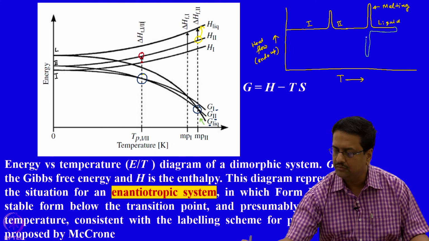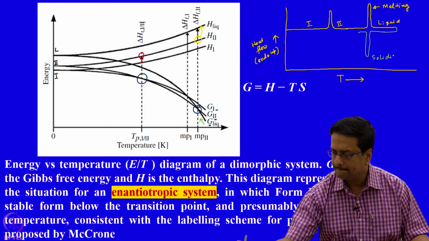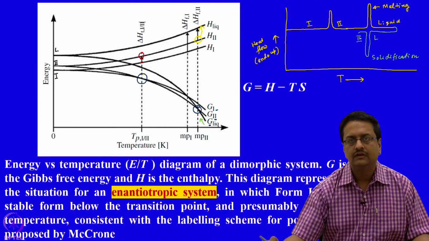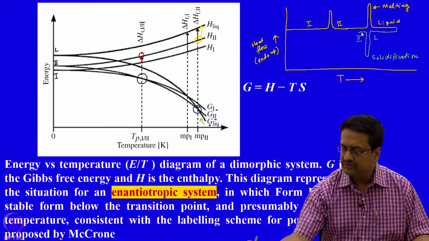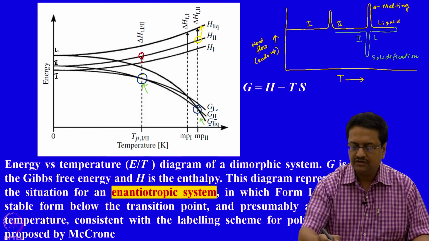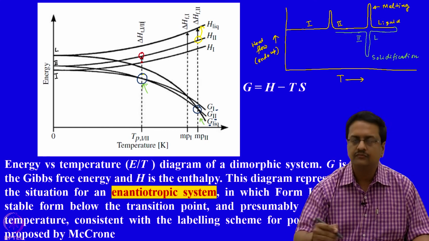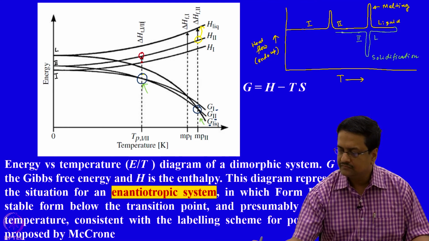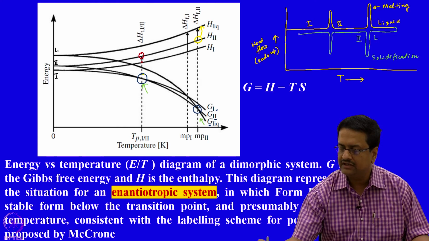So, it will be a solidification peak like that, from liquid to form 2. When we cool further, at lower temperature form 1 is more stable compared to form 2. So, again a transformation from form 2 to form 1 will take place.